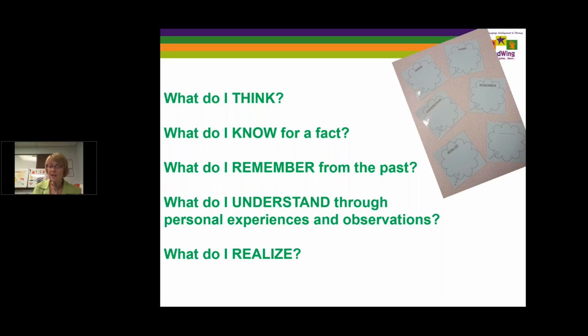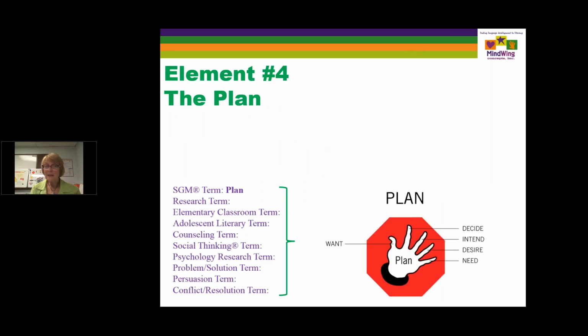What do I understand? Personal experience and observations. If I have enough personal experiences and I observe enough things concerning a topic, I begin to understand the workings of it. And ultimately, I realize by pulling those mental state words, know, remember, and understand, I realize something.